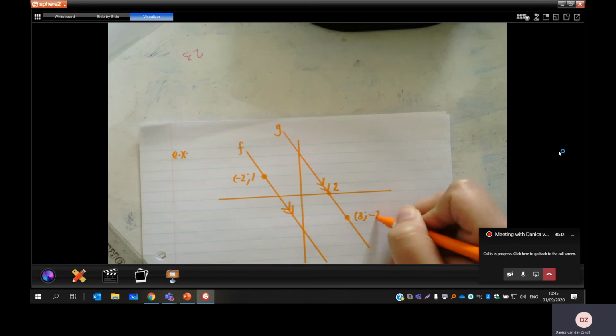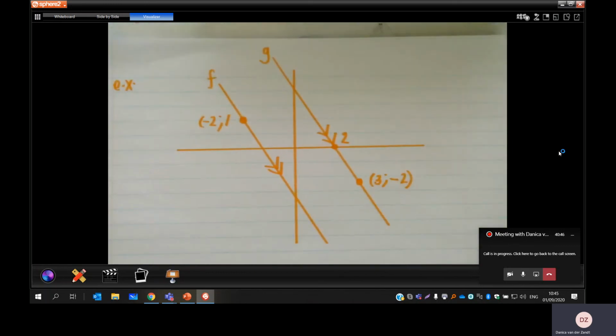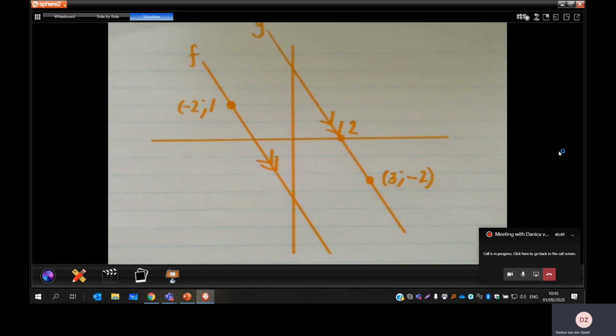Okay. So my question is, determine the equations of f and g.